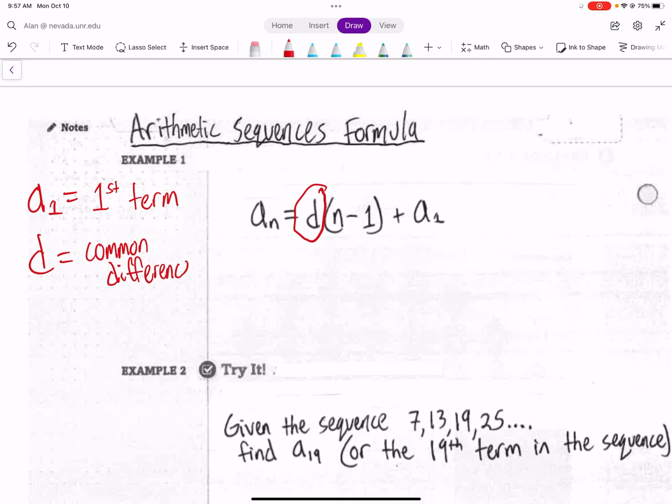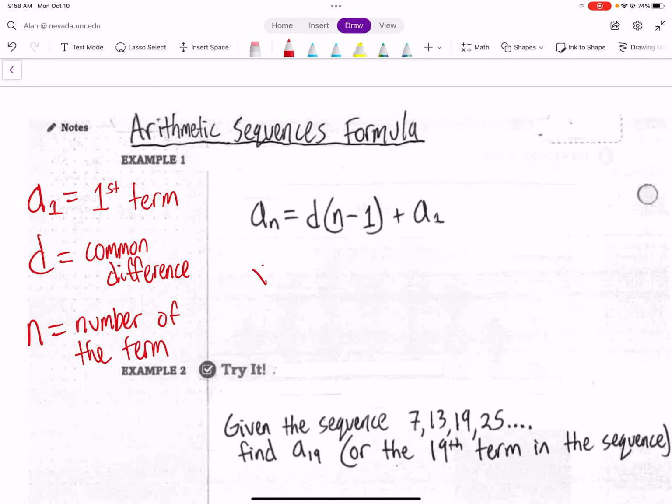Maybe we're adding 2 each time, maybe we're adding 5 each time, maybe we're subtracting 1 each time, and so on. And finally, n is the number of the term we're talking about. You'll see in a second what I mean.